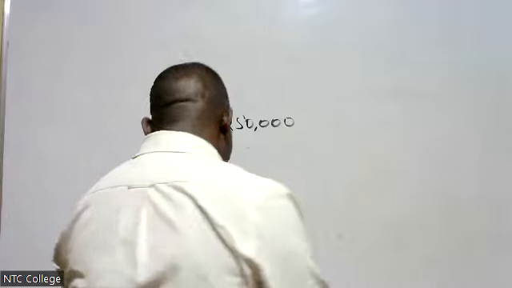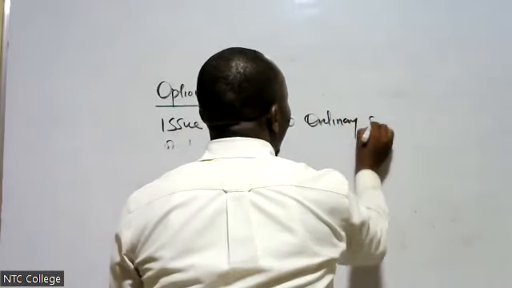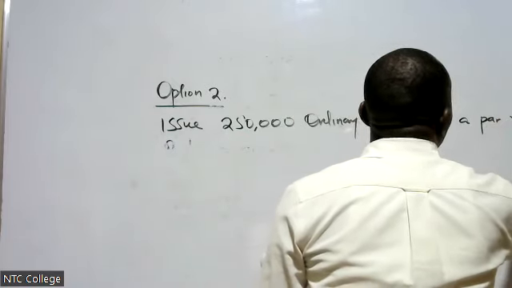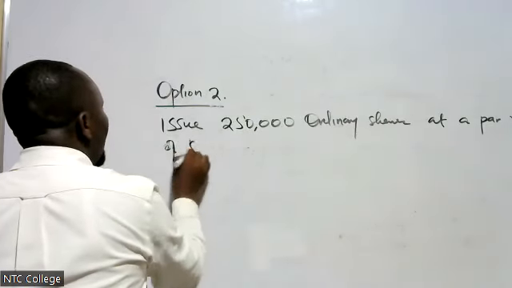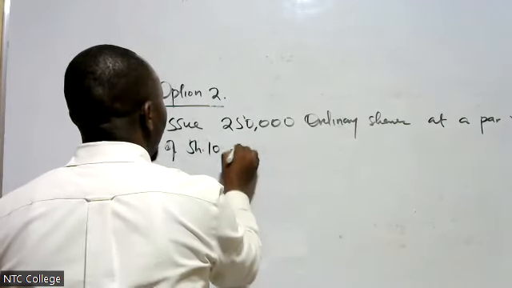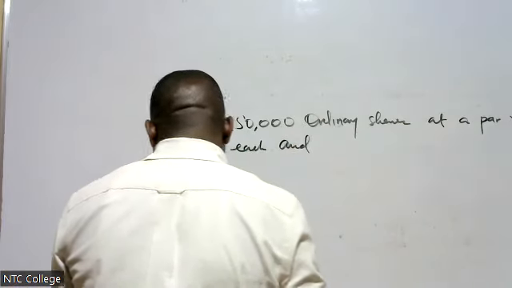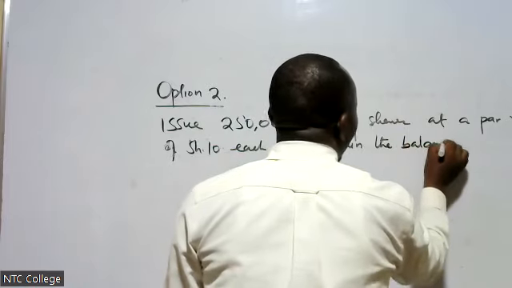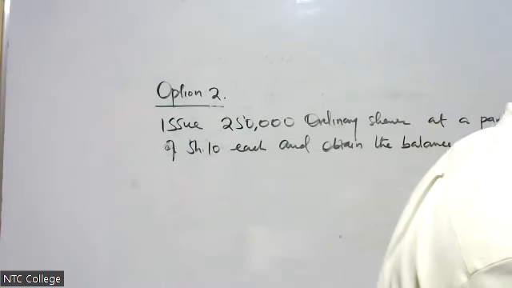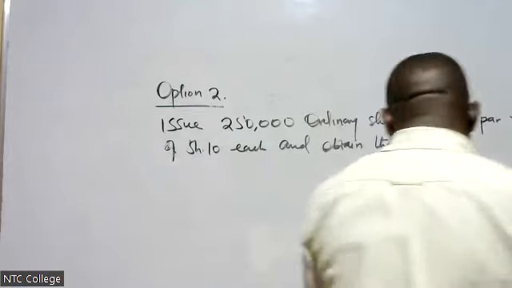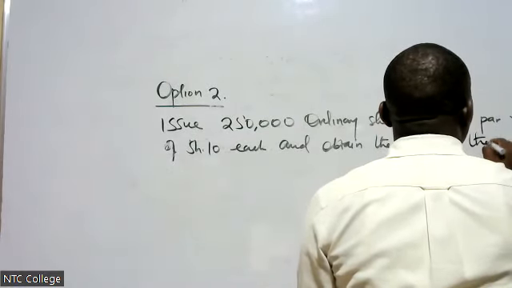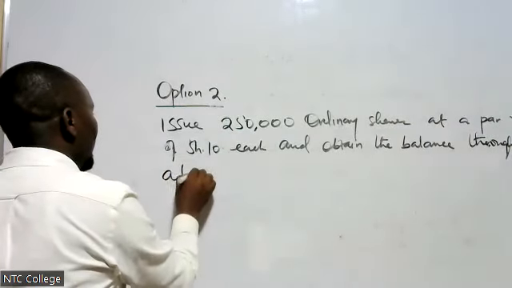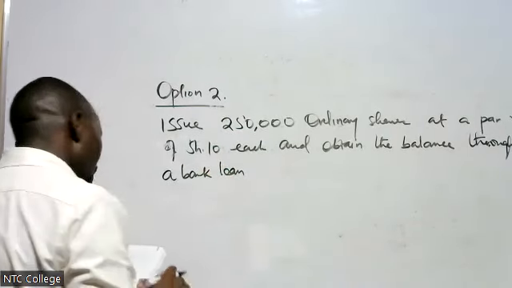Issue 250 ordinary shares at a par value of shillings 10 each, and obtain the balance through a bank loan.